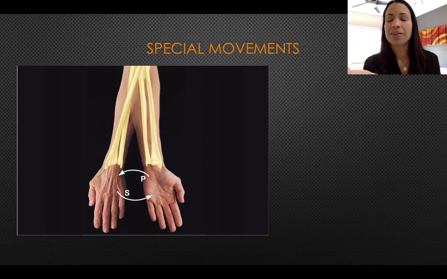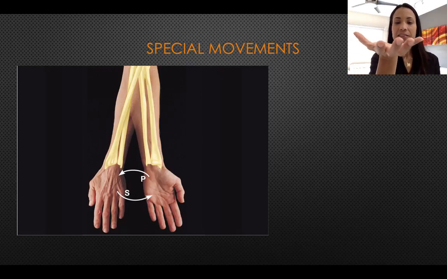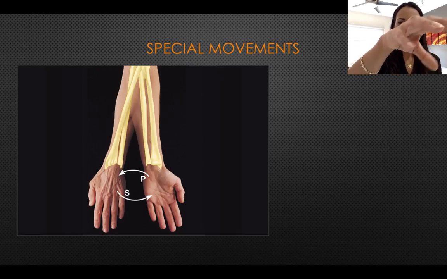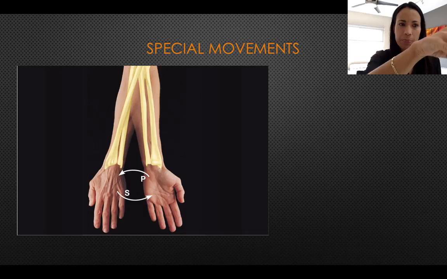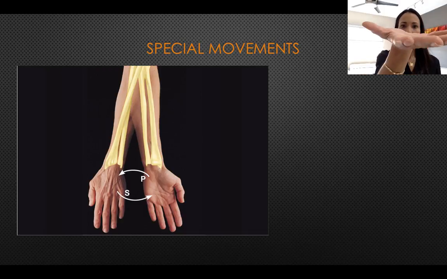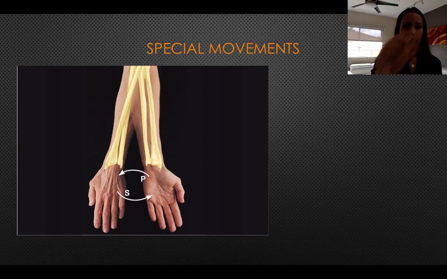It's just a silly way to remember that in the supination, you can hold a bowl of soup. In the pronation, you can tip your waiter. Tip, okay? So this is supination and this is pronation.